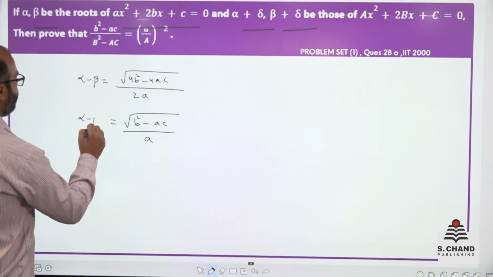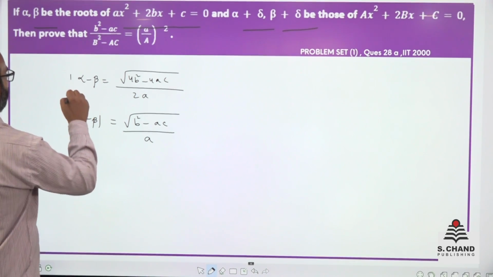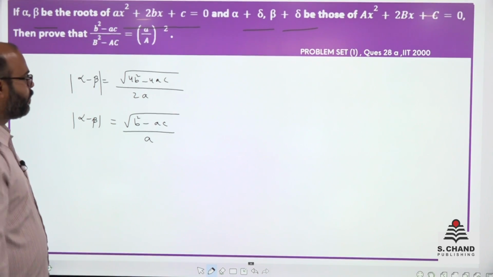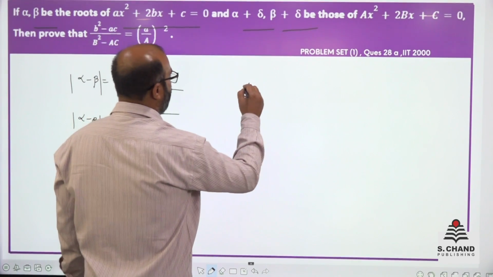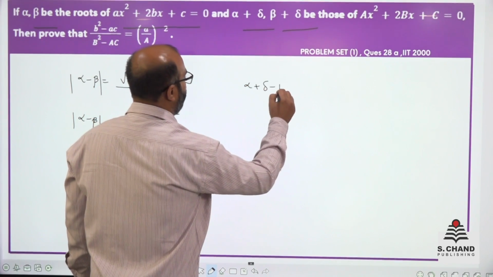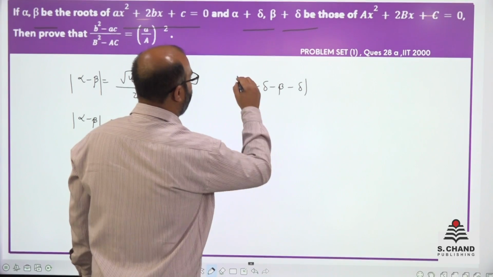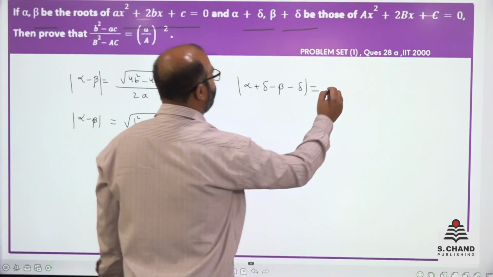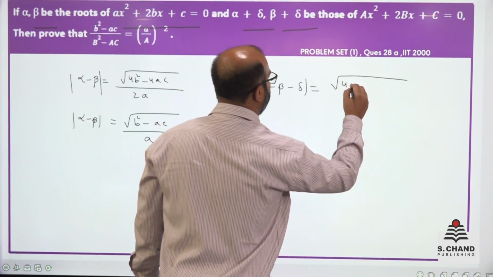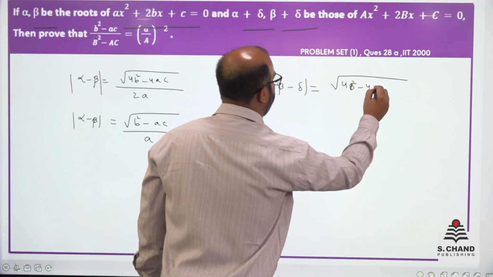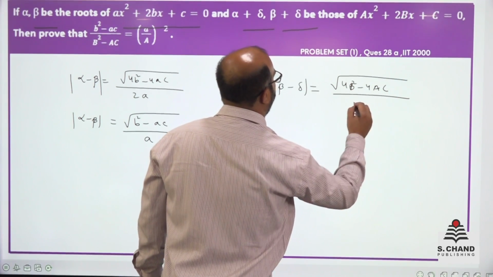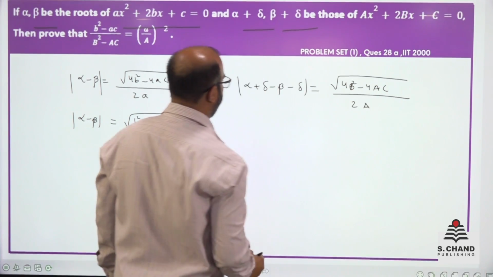This is alpha minus beta mod. Let us put the mod here. For the second one, alpha plus delta minus beta minus delta mod is equal to root over 4B square minus 4AC by 2A, that is 2A.